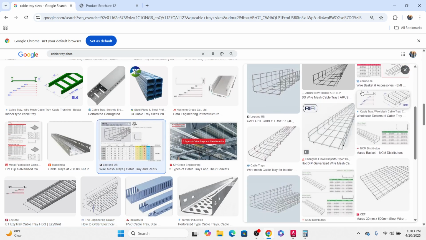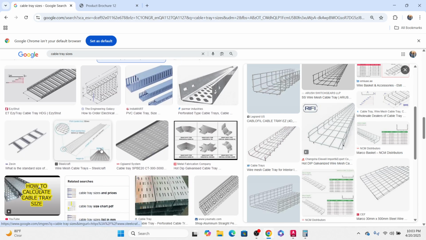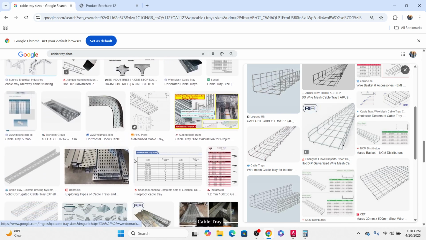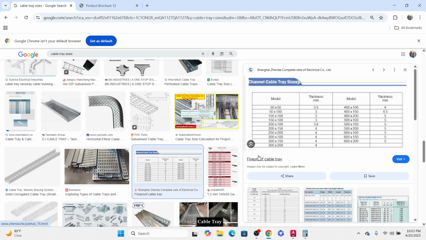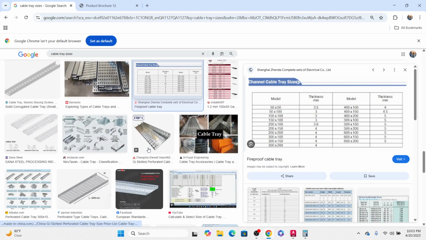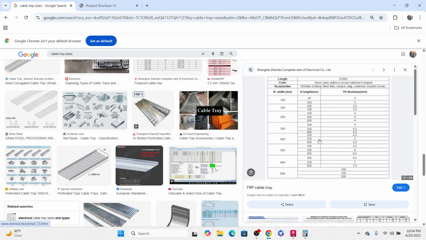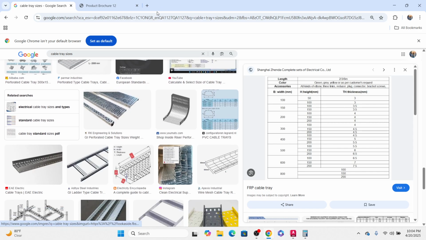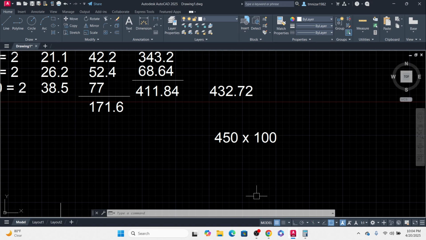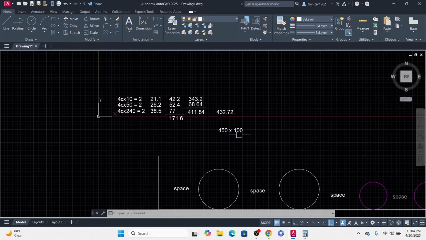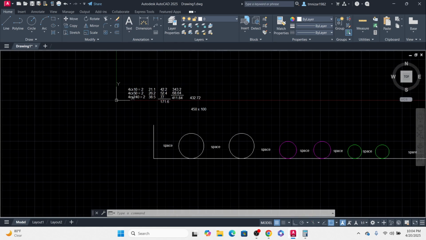You can find them in the cable tray catalog. This one is up to 800, here we have 400. This depends on the company. So we can go with the 450. You can check the catalog for cable tray sizes. I will go with the 450 by 100.